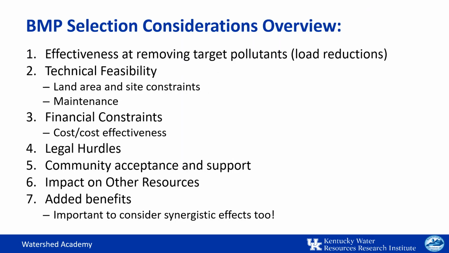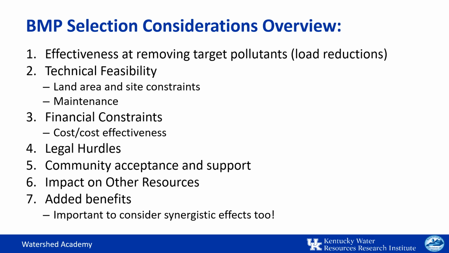Let's talk through some of the many factors to consider when deciding which BMPs are realistic for your watershed. In addition to their effectiveness at removing the targeted pollutants, BMP selection is also based on considerations such as technical feasibility. We may want to look at the land area required and the site constraints. We also want to look at the maintenance burden involved in maintaining them.